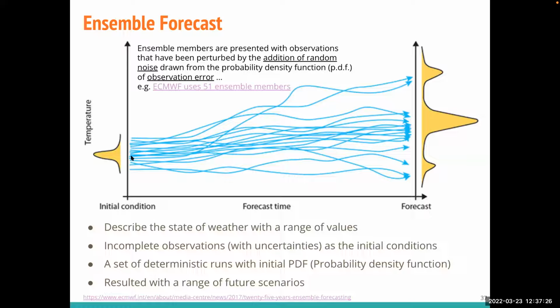So we describe the state operator with the range of values here in the initial condition, and incomplete observations and uncertainties and errors in your initial condition will have some effect in your simulation and they will deviate. So we have a set of deterministic runs.